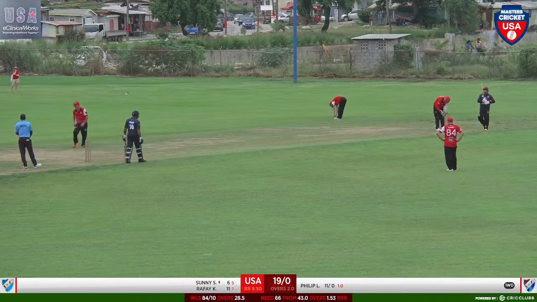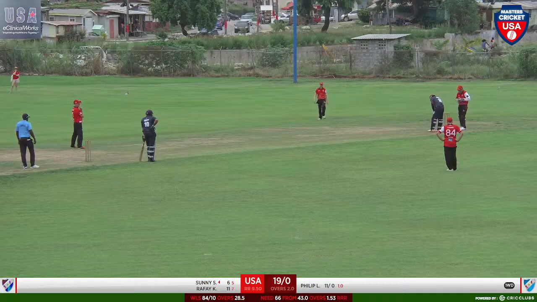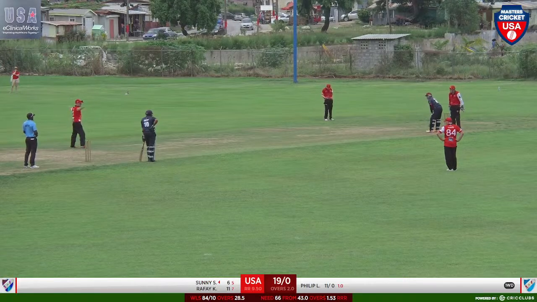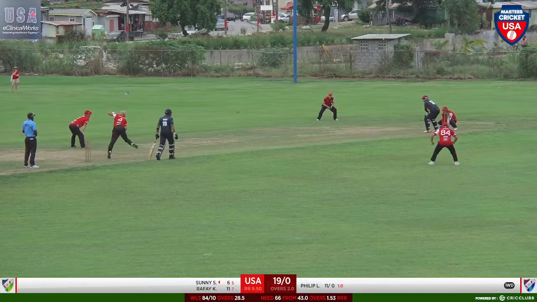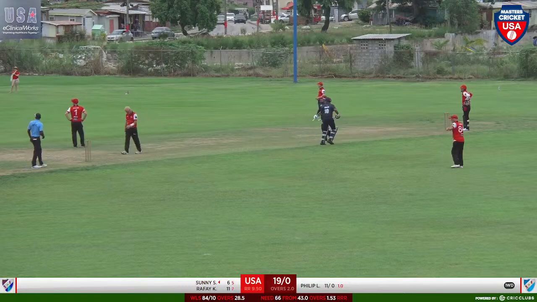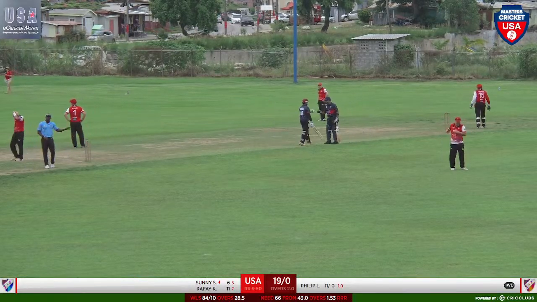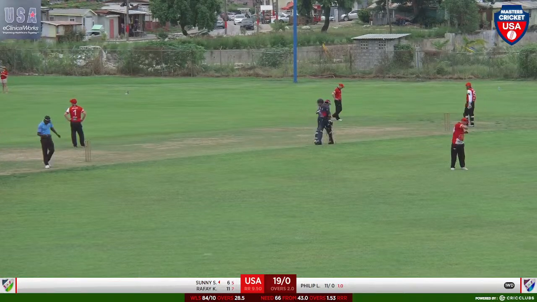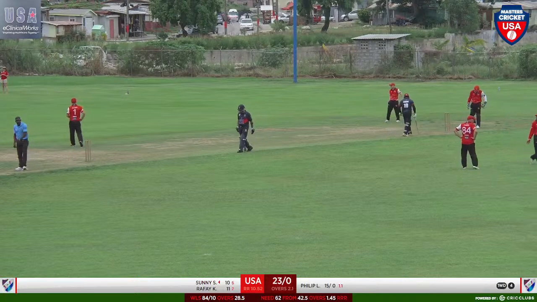Quick behind the stumps, really quick stumping, attempted stumping. Fortunately for the US, that was not in danger of being a wicket. And there he goes again. He absolutely loves playing these aggressive shots and just racing away through the covers for 4 more. Score up to 23.